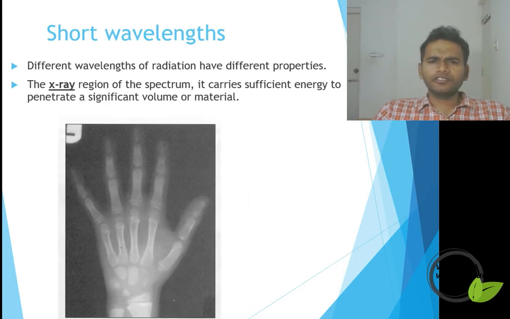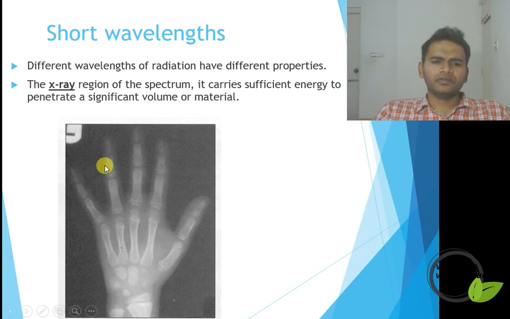So what is a short wave? Short wave is very short in wavelength, and it has the highest power capacity. It can transfer through any typical solid body. An example for this is an X-ray.